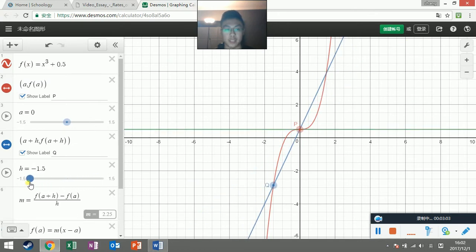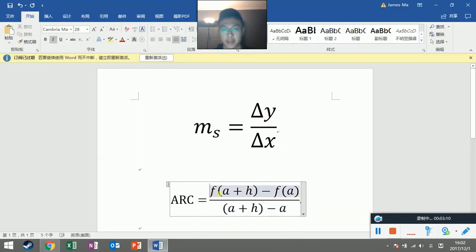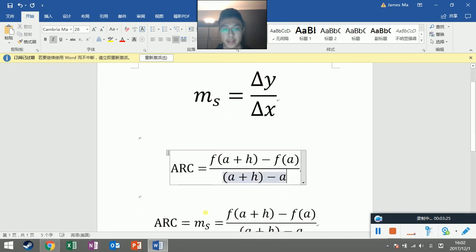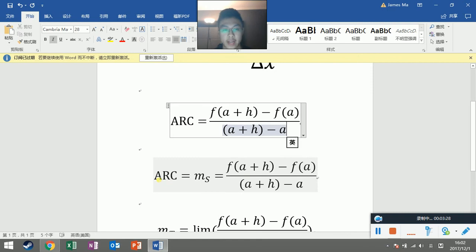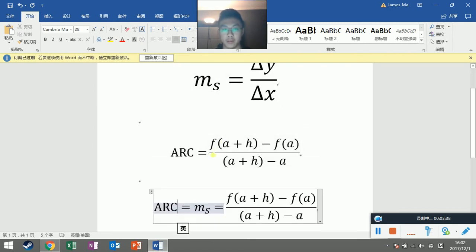For both preceding interval and following interval, they are also using the same formula, because they are also describing the y value of point Q minus the y value of point P divided by the x value of point Q minus the x value of point P. And as we all know that ARC is exactly equal to the slope of secant between point P and point Q, so we can combine the two formulas above.